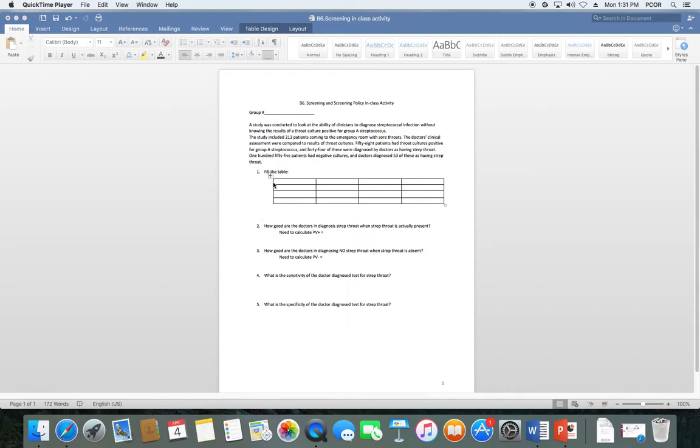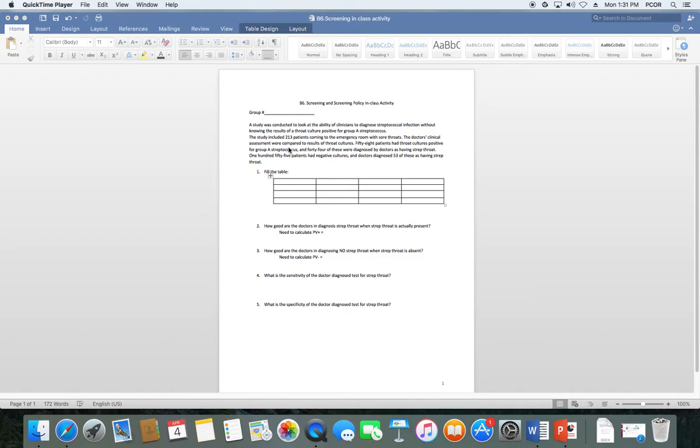In this exercise, I would like to know how good the physician's diagnosis of strep throat is without knowing the result of the throat culture, which can take between 24 to 48 hours.